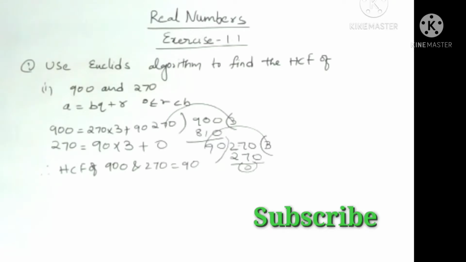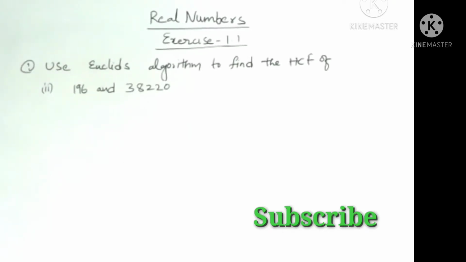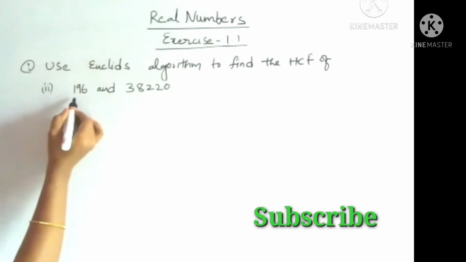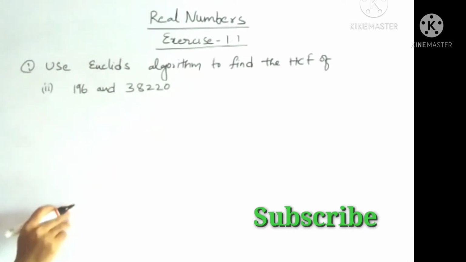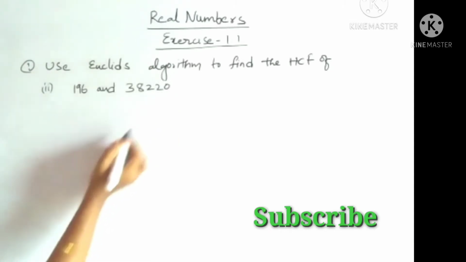Now we will see the second one in the same pattern. Same model problem. The second one is: find the HCF by Euclid algorithm. Find the HCF of 196 and 38,220.